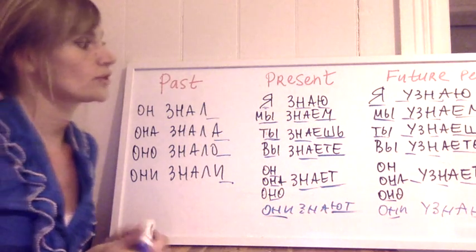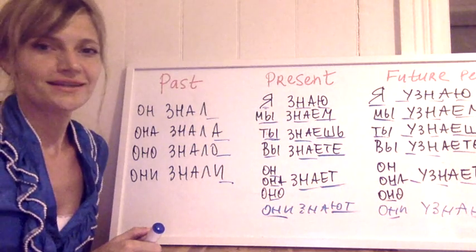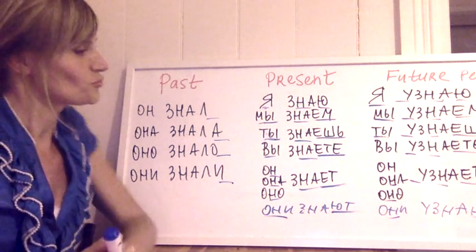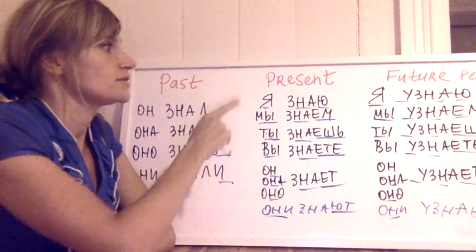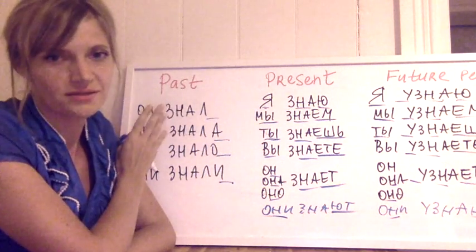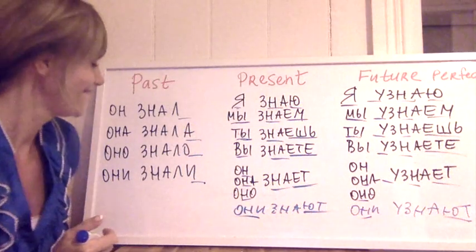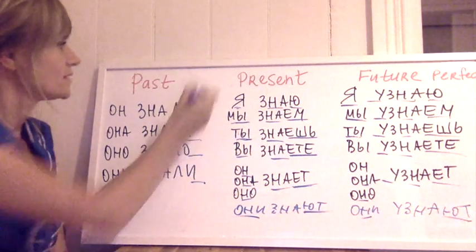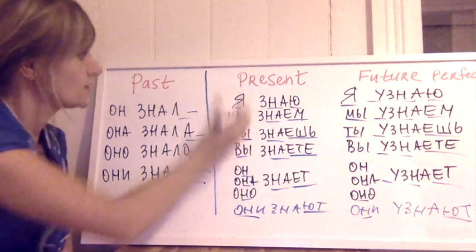Okay, it looks like the people who were inventing the language were more particular with present and future and kind of more simple with past. It's already in the past, why bother? It looks like it. So past: genders.